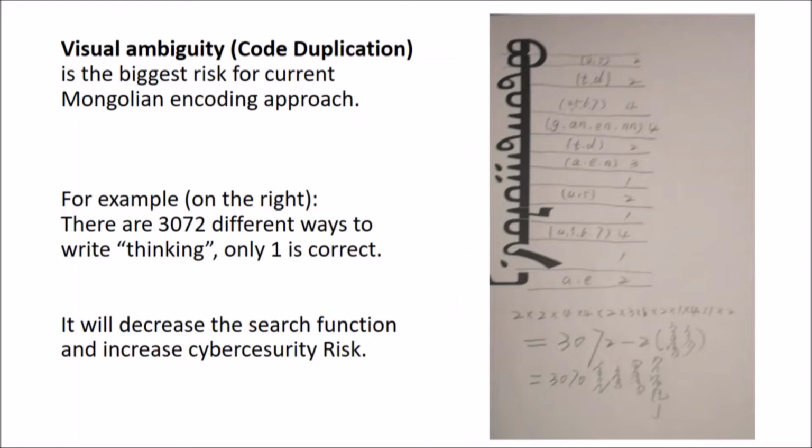Let's look at another name. This is not a name, this is Batordolna, which is about thinking about something, right? When I write this word, I have 3,072 options to write the same thing. I can write whichever Unicode I can combine, and it looks exactly the same. But the code below is all different, right?